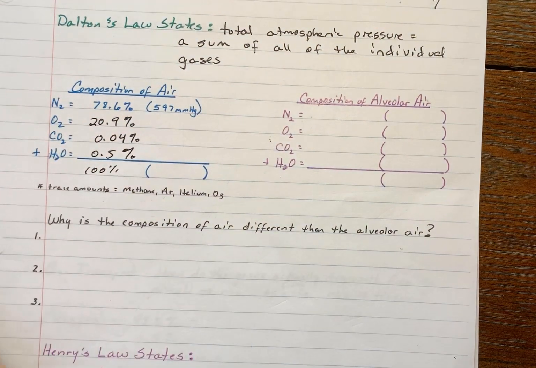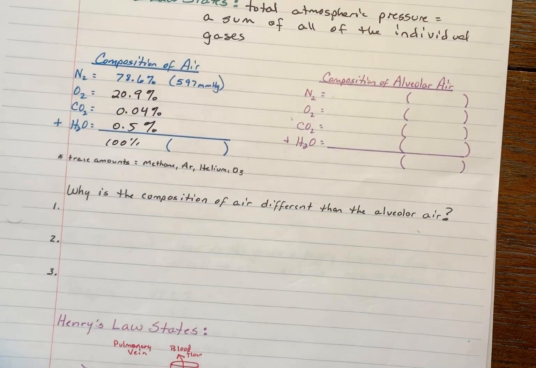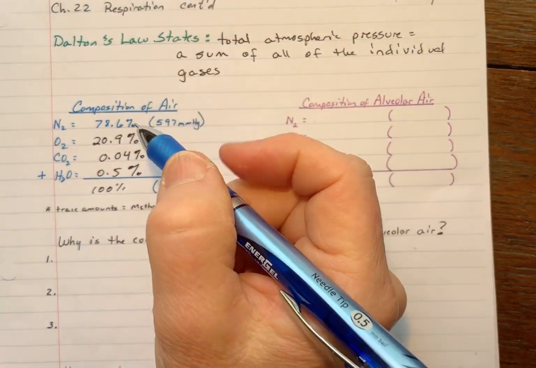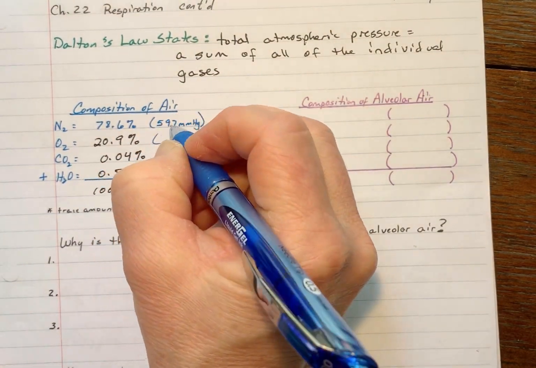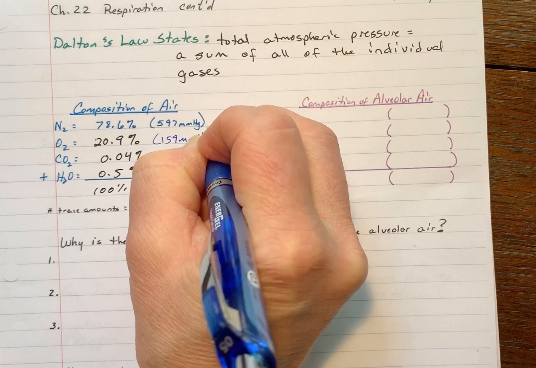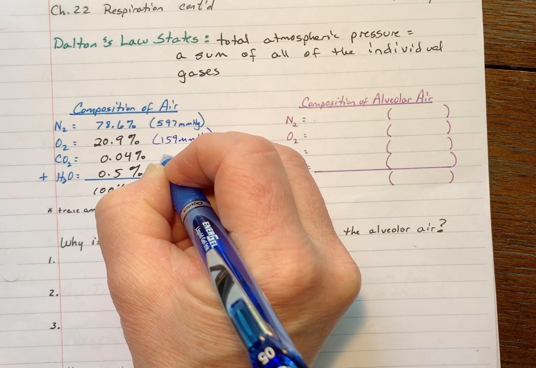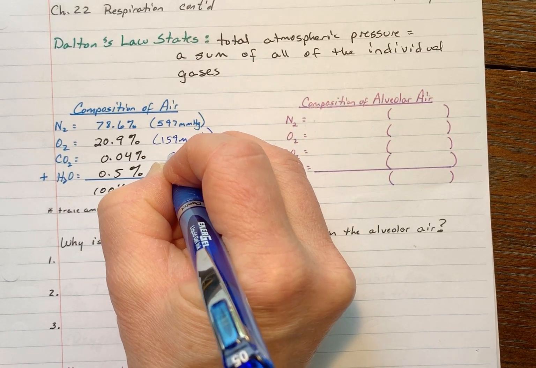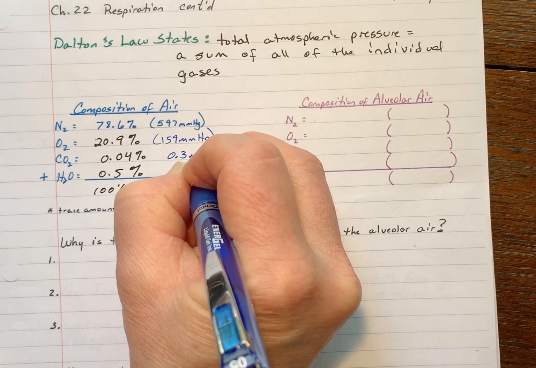If you were to do, here's my blue, oxygen, 0.20 times 760, you get 159. Carbon dioxide, 0.3.